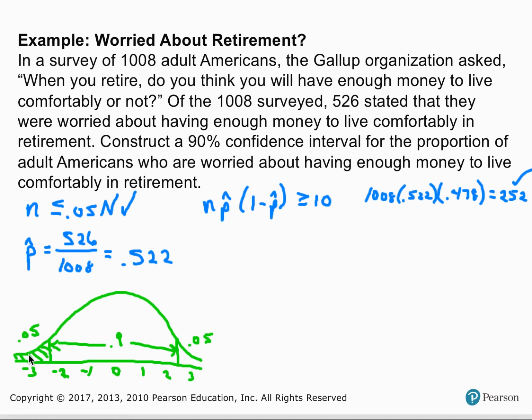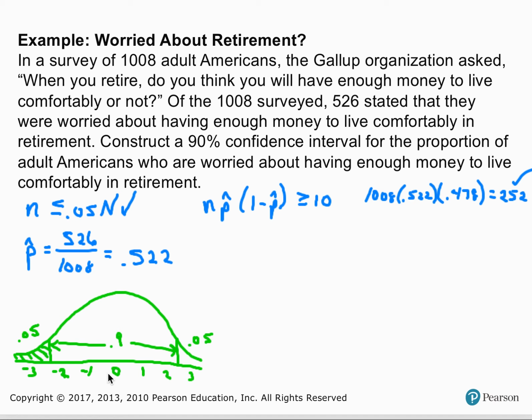Okay, let's see. So let me get my Z chart. This time I'm looking in the middle of the table for 0.05.